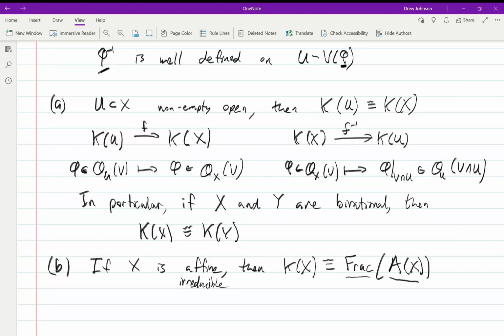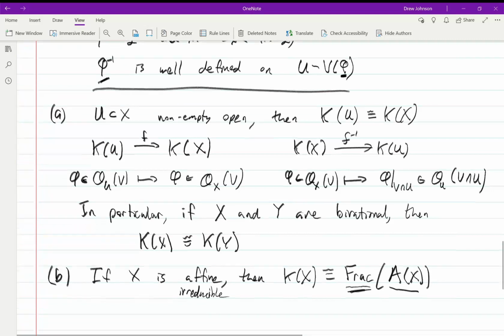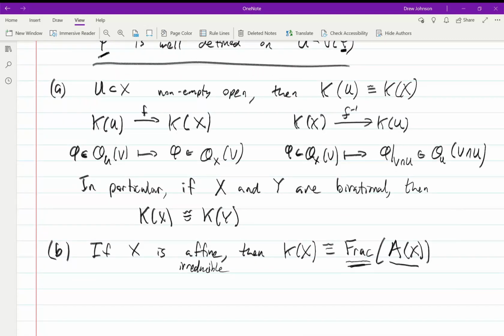Basically, the idea is you can take any function here, but then you're allowed to divide by anything because you can always just exclude the zero locus like we did up here. So you're allowed to divide by anything, and that's basically the construction of the fraction field. Okay, so you can think about that if you want to be more careful.